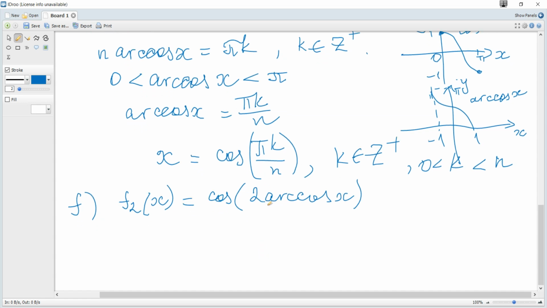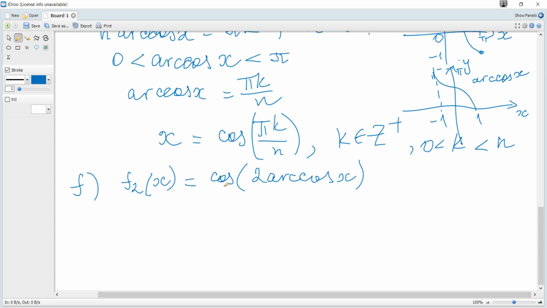So we can see that it's cosine of 2 arc cosine, and we can apply the double angle formula. It is given in the data booklet, and it says that cosine of 2 theta is 2 cosine squared theta minus 1.